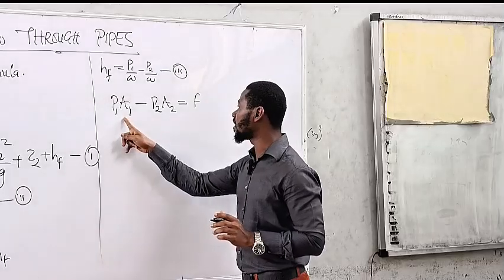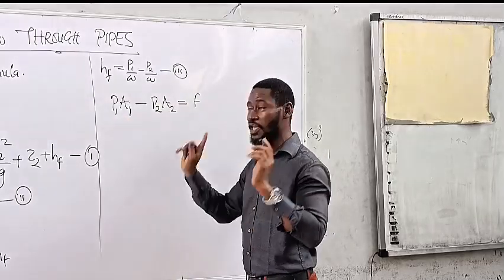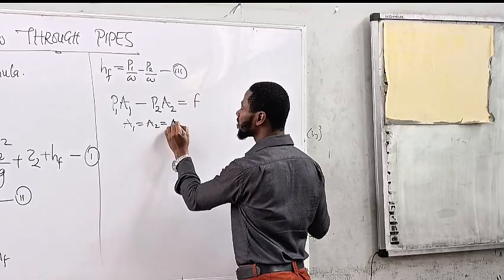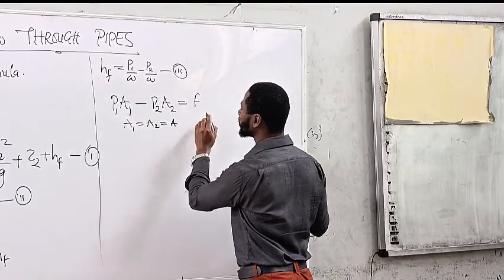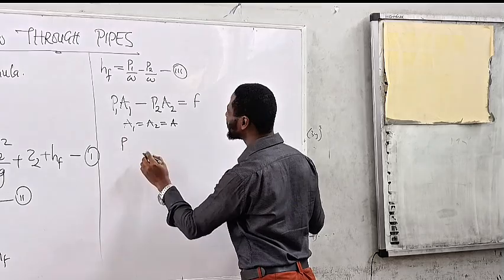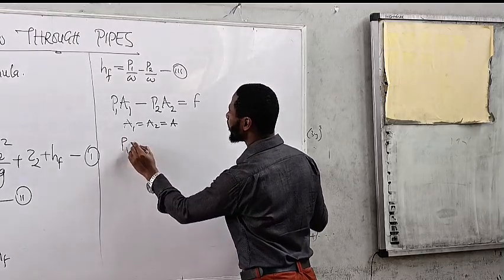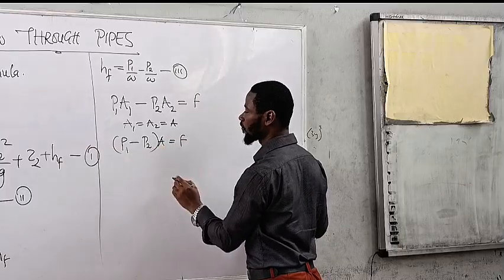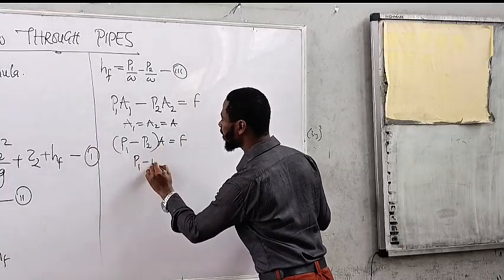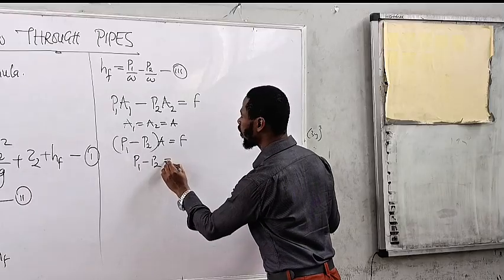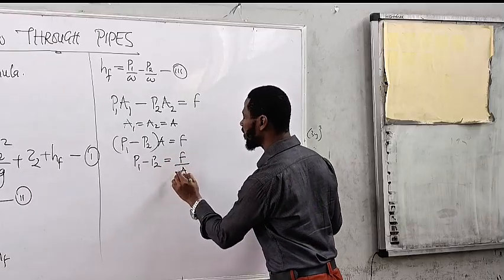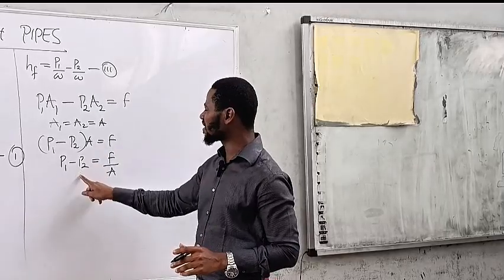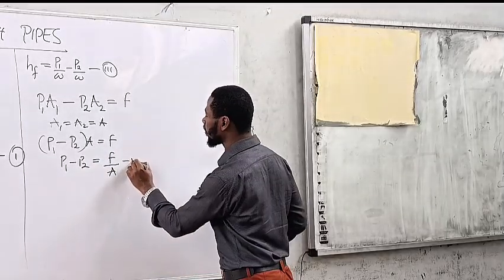So we are going to make A in this case, since A1 equals A2, the same thing as A. So we have this equation written as P1 minus P2 multiplied by A equals F. So we have P1 minus P2 equals force over area. So we have pressure at this level. Let's name it equation 4.